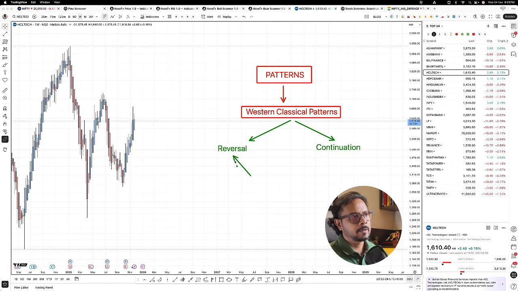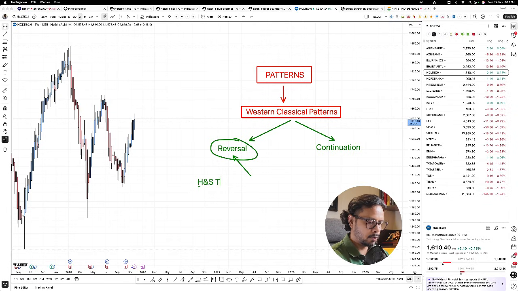So we are under the concept of patterns. We are within the domain of Western classical patterns. We are focusing on reversal patterns, and within reversal patterns, we're going to look at head and shoulder top, head and shoulder bottom. We're going to look at double top and double bottom.